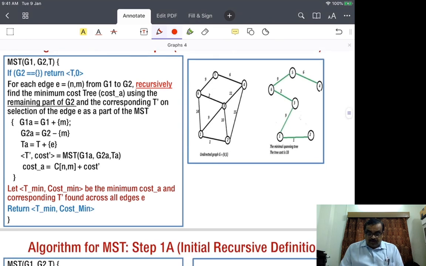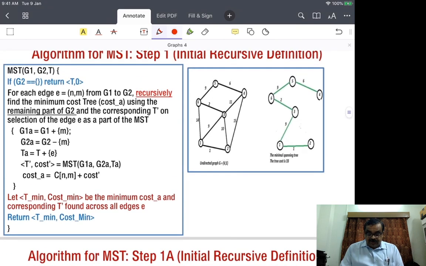What we do is as follows. We consider at any point in time that the algorithm has got two graphs, subgraphs, G1 and G2. For G1, the MST for all the nodes in G1 are already found. G1 union G2, G is equal to G1 union G2.